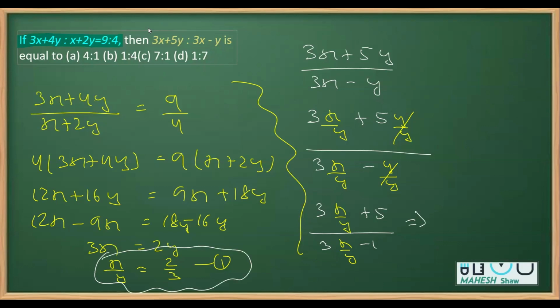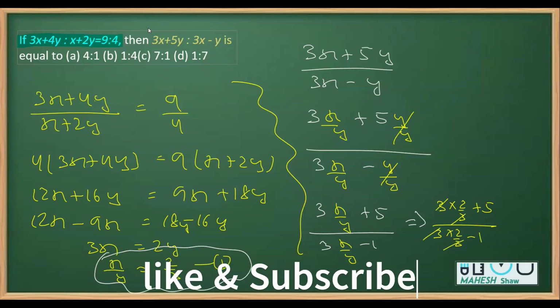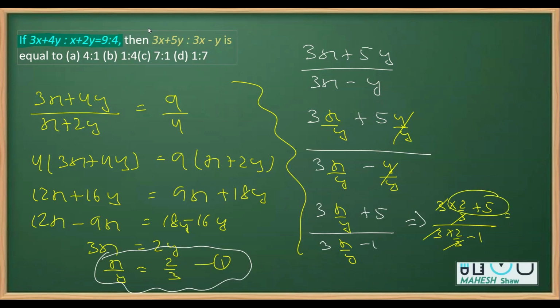So if we do so, what we are going to get is 3 times 2 by 3 plus 5, and below 3 times 2 by 3 minus 1. So 3 gets cancelled, 3 gets cancelled. What we get from here, in the numerator we have 5 plus 2, that is 7, and the denominator 2 minus 1 is what? 1. So the required ratio is going to be 7:1.